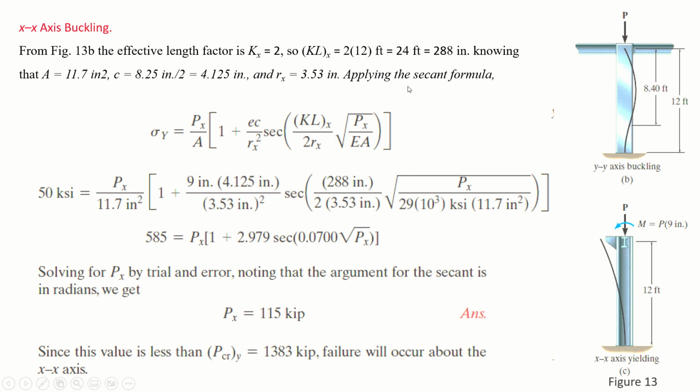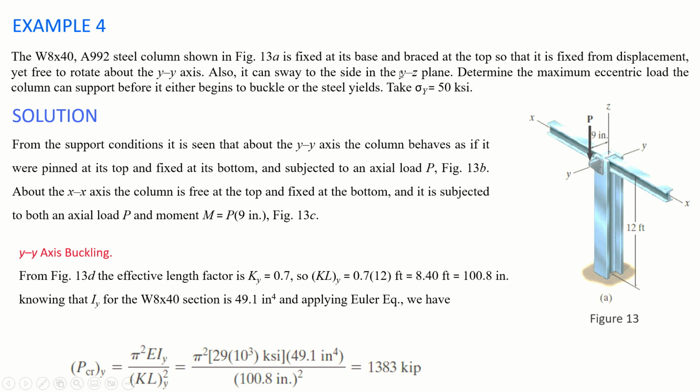Why are we applying the secant formula here? Because it is mentioned in the statement that it can deform about the x-axis. So about the y-axis, it was only the Euler formula that was governing, but about the x-axis we use the secant formula because the buckling is here, and also the eccentricity is from the x-axis, if you can see, right?